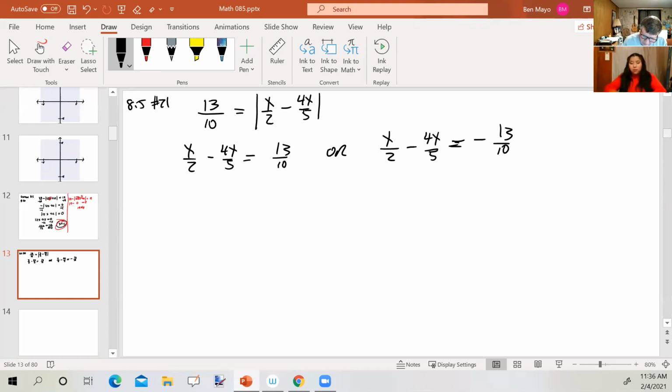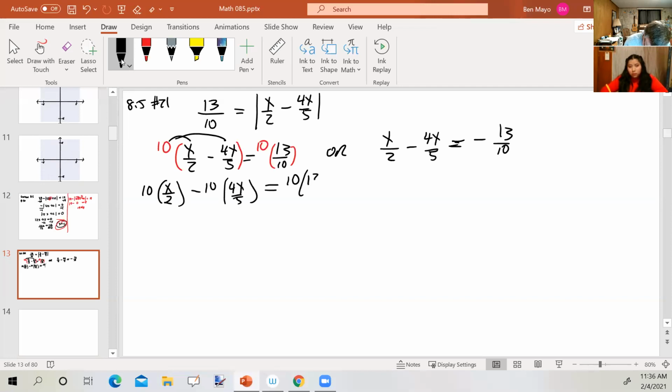Okay. On the left equation, I'm going to clear the fractions by multiplying both sides of the equation by the LCD, which is 10. You okay with that? Where I got the 10? Okay. So then distributing, I'm going to get 10 times x over 2 minus 10 times 4x over 5 equals 10 times 13 over 10.